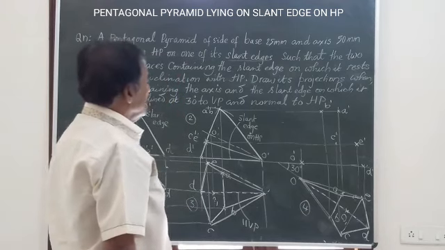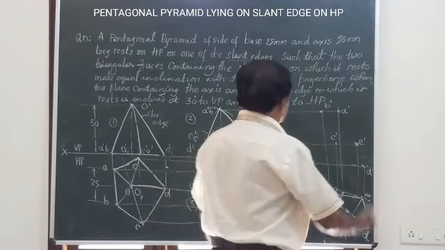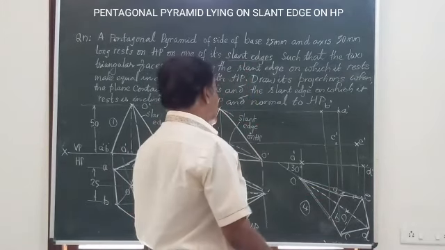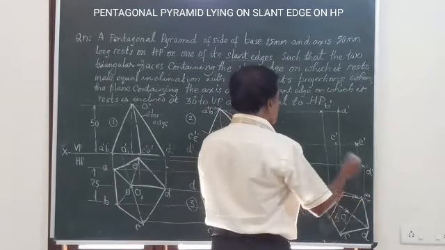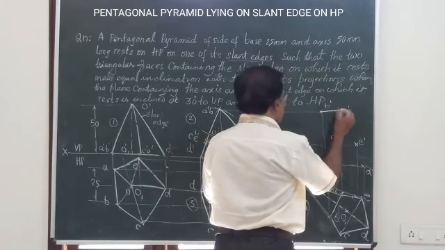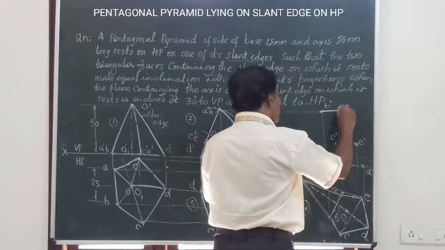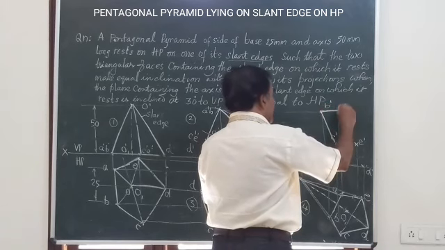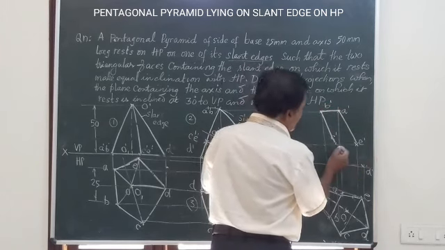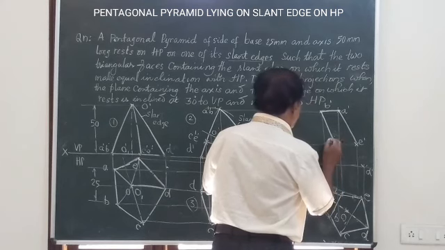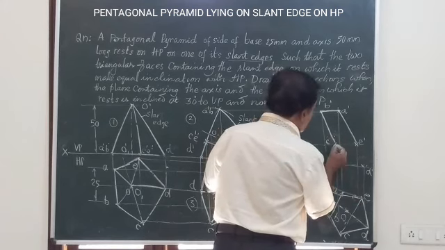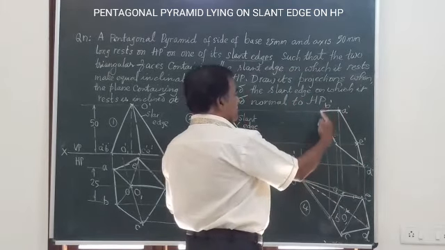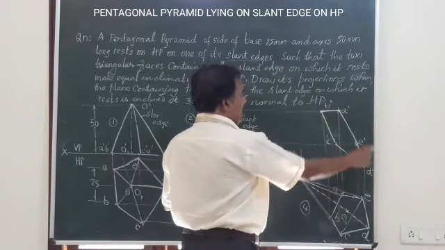Friends, now we have to join all these 5 corners of the base by solid lines because they are completely visible. So I am going to join A dash, B dash, B dash, C dash, C dash, D dash, D dash, E dash, E dash, A dash. So we got A dash, B dash, C dash, D dash, E dash.